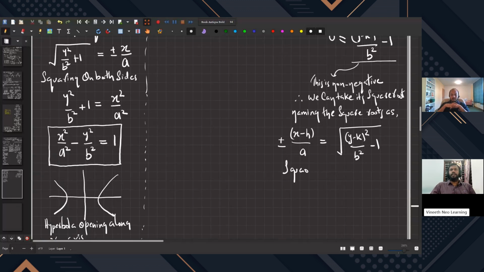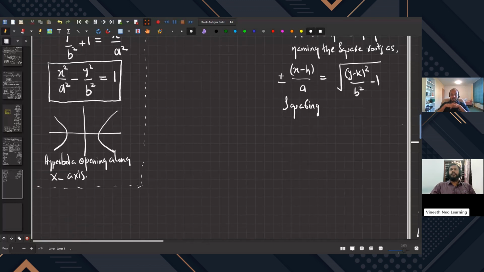Upon squaring, we get y minus k squared over b squared.